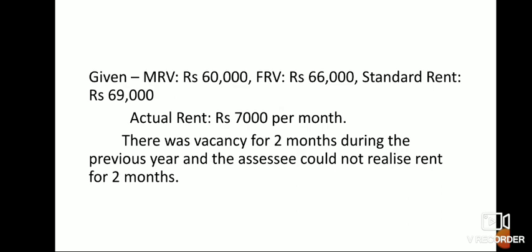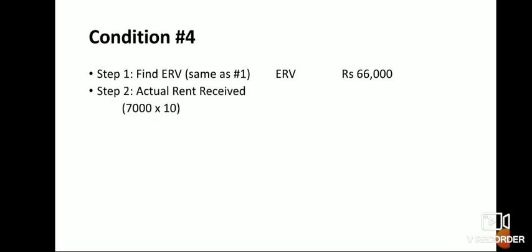This is the problem. Same condition, same amount, only this added condition is given. There was vacancy for 2 months during the previous year and the assessee could not realize rent for 2 months. ERV is equal to 66,000. Actual rent received, since there was unrealized rent for 2 months, will be 7,000 into 10, not 12.